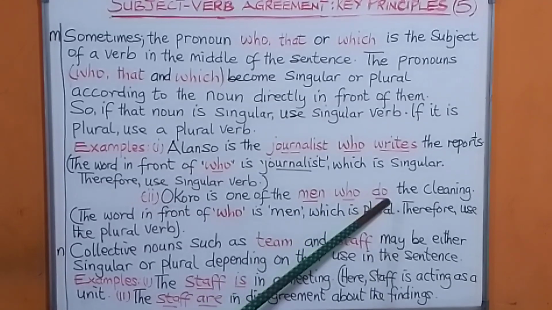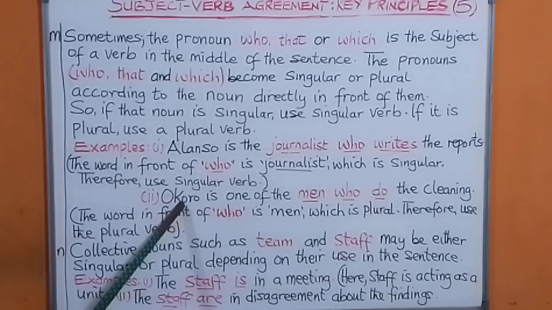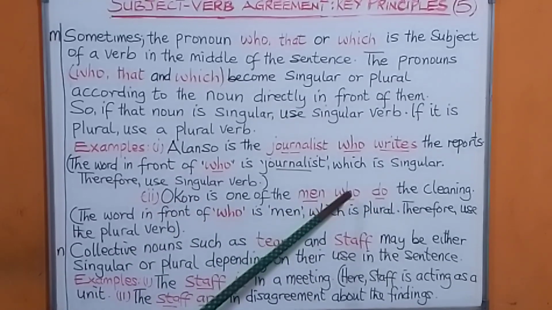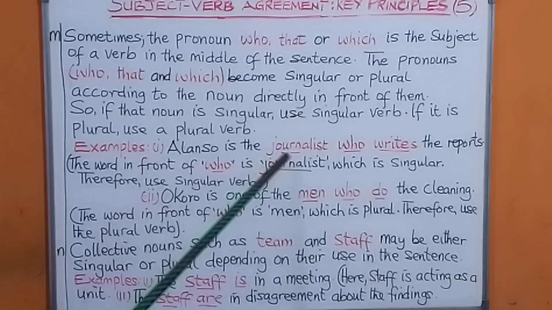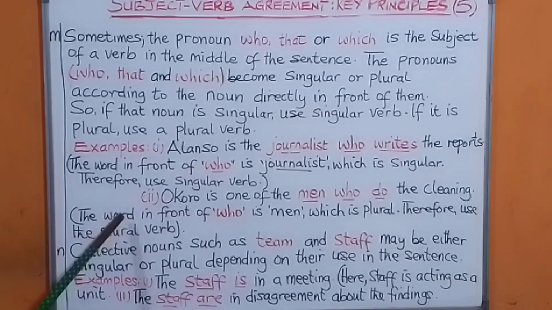That's why you say men who do. Despite the fact that I said Okoro is one of the men, you say who do. Alonso is the journalist, singular, who writes. The word in front of who is journalist, so you follow it with a singular verb.